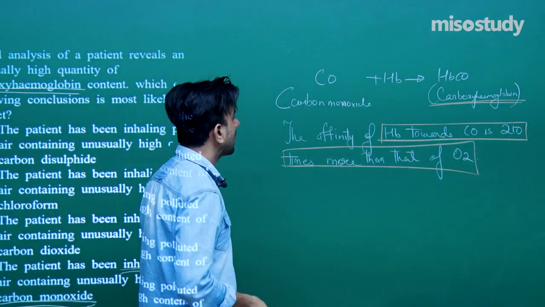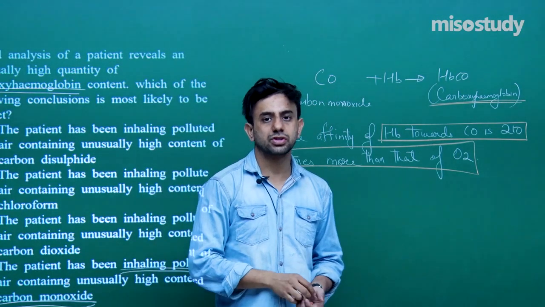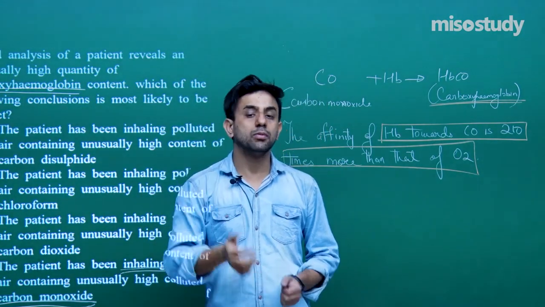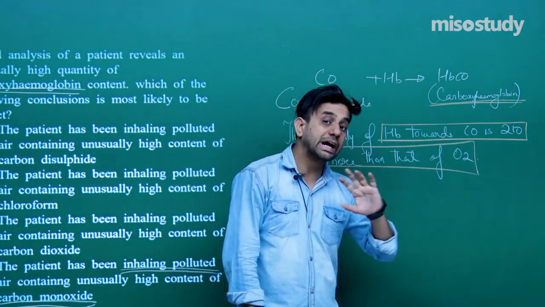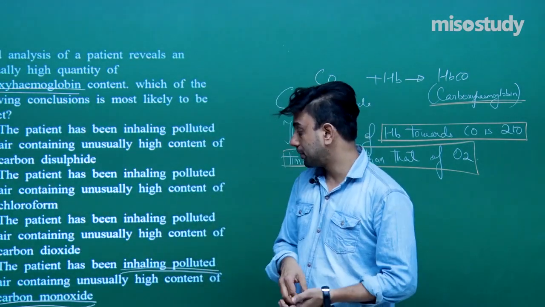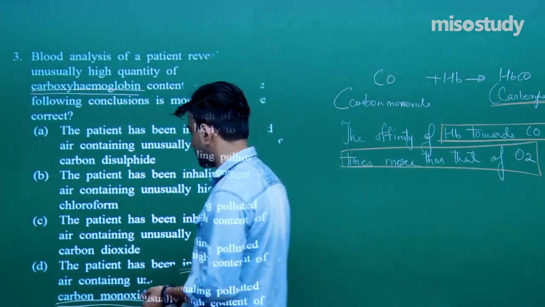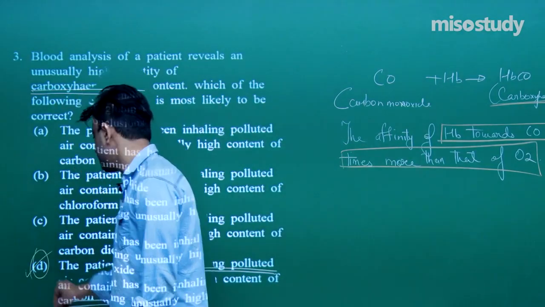Hence the hemoglobin will combine with carbon monoxide readily, even if oxygen is present, and will form carboxyhemoglobin, right. So this will be the correct answer for this, right.